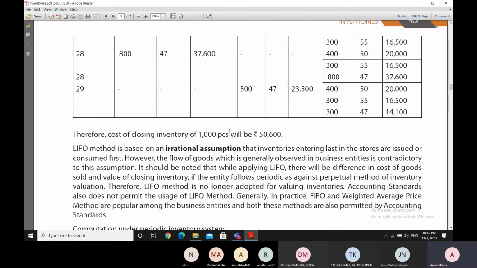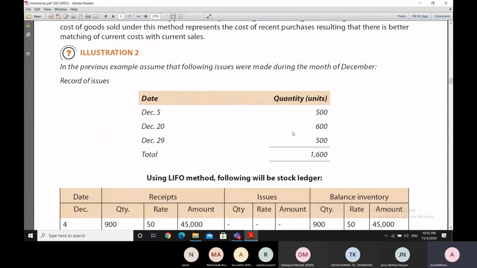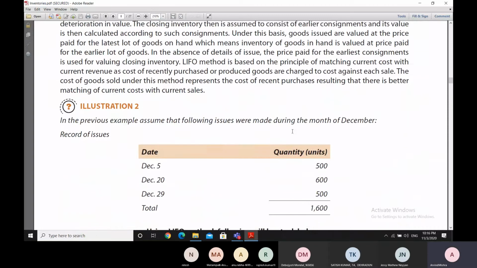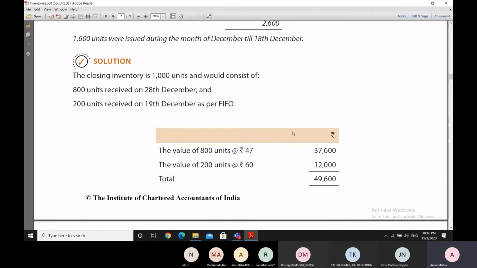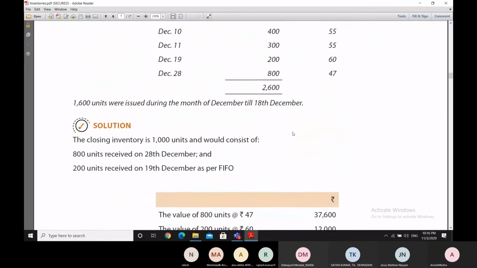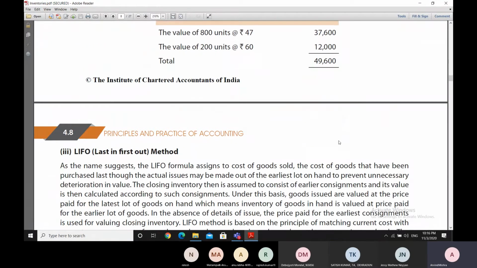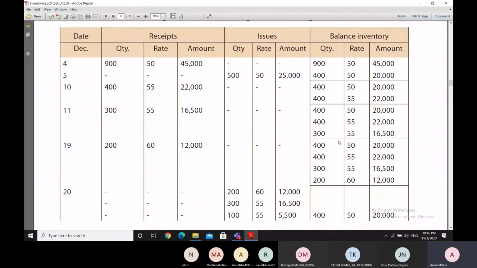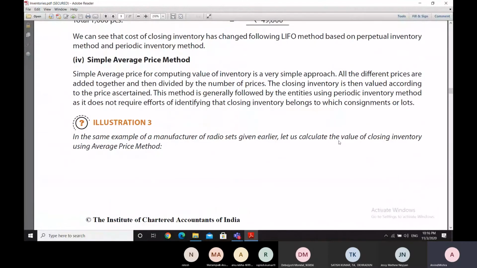Under the perpetual inventory system, we are getting a value of 50,600. And here, under the Fifo system, we are getting a value of 49,600. So again, we can conclude that the inventory valuation depends upon the cost formula that is being utilized.